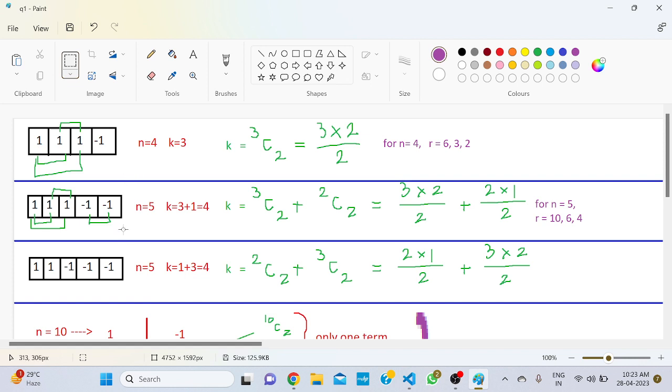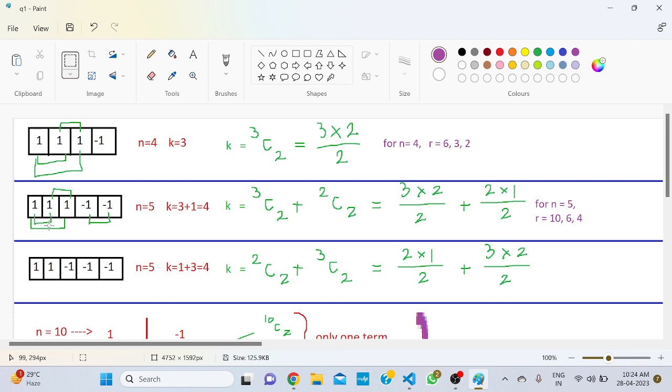In another example, let's say n equal to 5 means our array length is 5. And let's suppose given k is 4. So how will we make that array? Here k equal to 4 means that there are 4 pairs of elements whose product is 1. So we can conclude that our first element is 1, second element is 1.